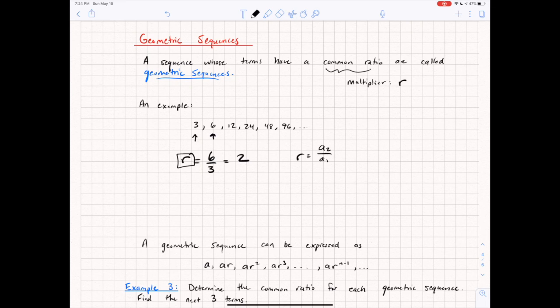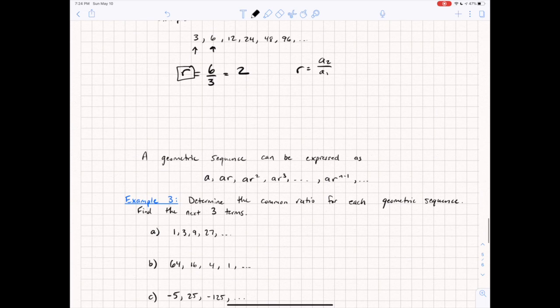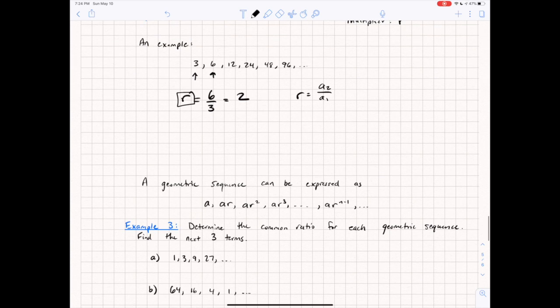So that means you can see down here a geometric sequence can be expressed as A, AR, AR squared, AR to the third, all the way out to AR to the n minus 1. And what this is doing here is instead of saying A1 as my first term, we can just say A, because that A is just going to be multiplied by the same value each time.